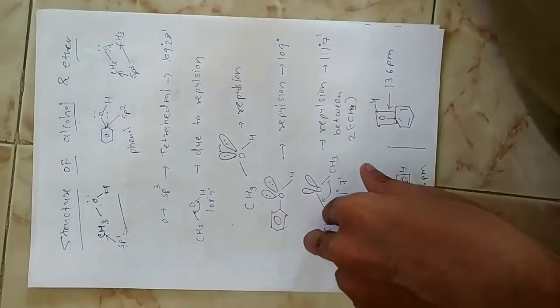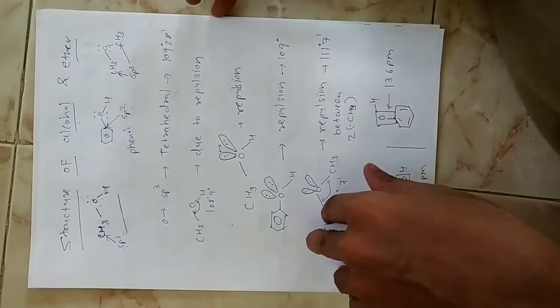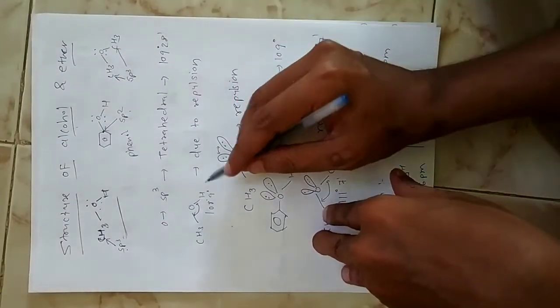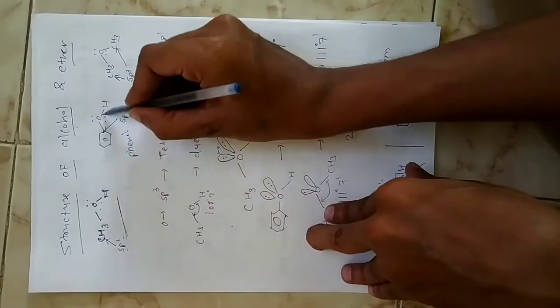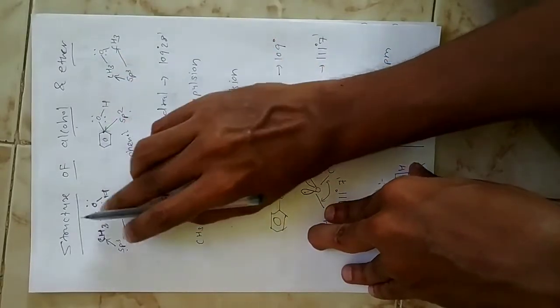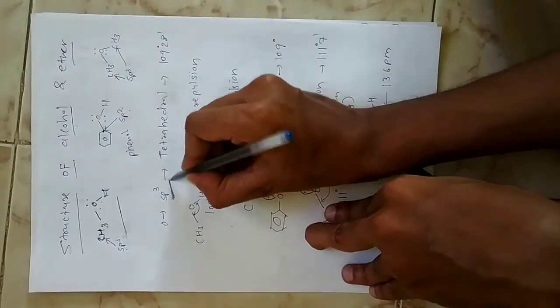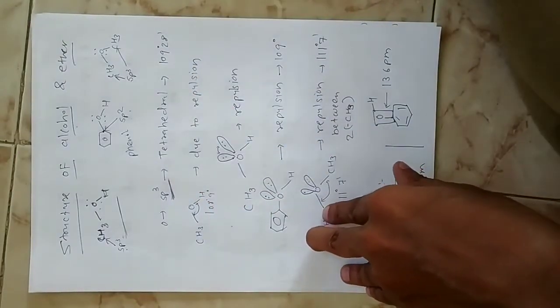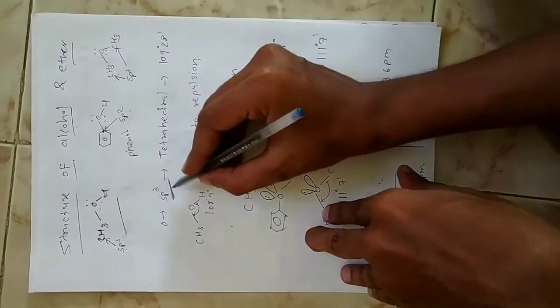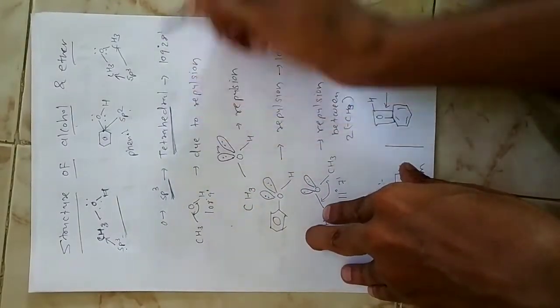Now what about oxygen? What is the hybridization on oxygen? In all these three structures, oxygen has single bonds only. So the hybridization is sp3. And according to the hybridization, the structure must be tetrahedral.